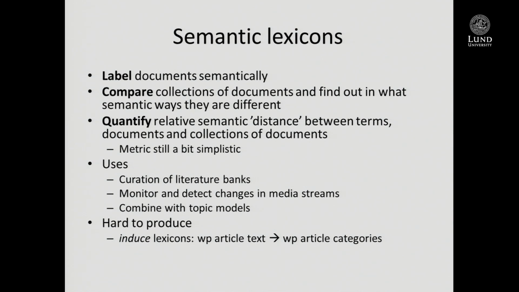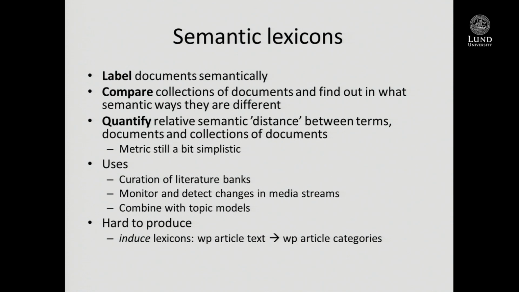We can also quantify the relative distance between terms, that's the one I skipped. What you can do with this is curate literature banks. When you have lots of literature that you want to know something about, you can get some kind of semantic analysis of it. Again, monitor and detect changes in media streams.